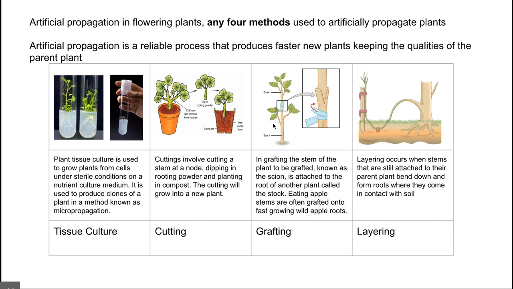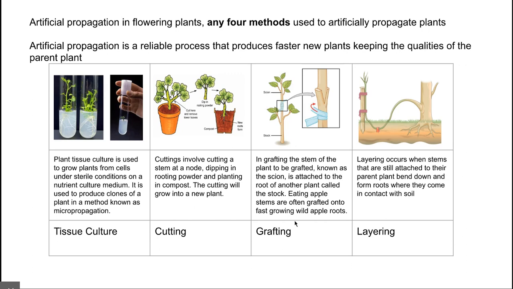So you end up with a combination plant, a fast growing root from one species, and a slow growing stem from another species. The advantage there is that you can get an apple tree that produces fruits very, very quickly, rather than waiting 20 years, which would be normal for an individual apple tree to grow. So you can end up with fruits being produced much sooner.